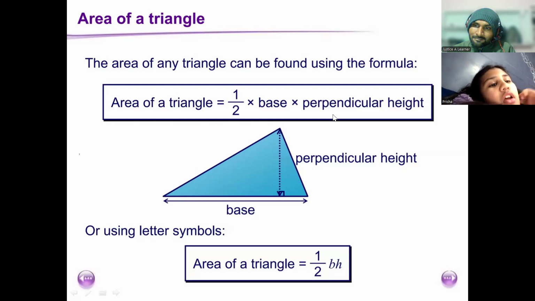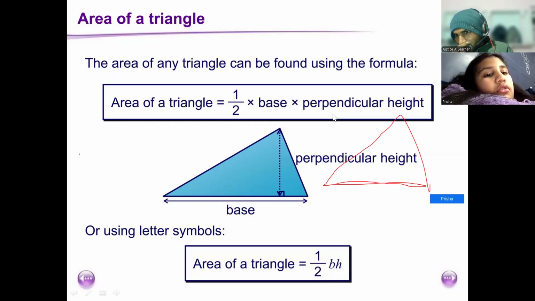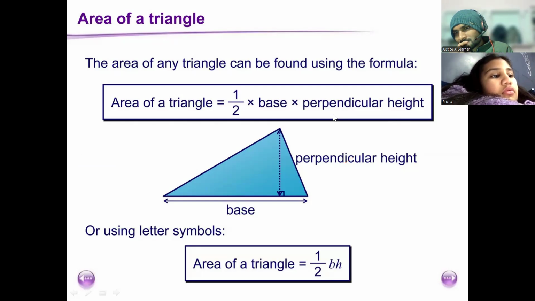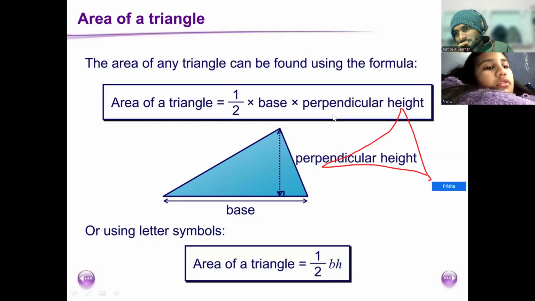So, what if this was the same triangle, like that? Yeah, like that. And this is a line. And this is 5. And let's say the base is 6.